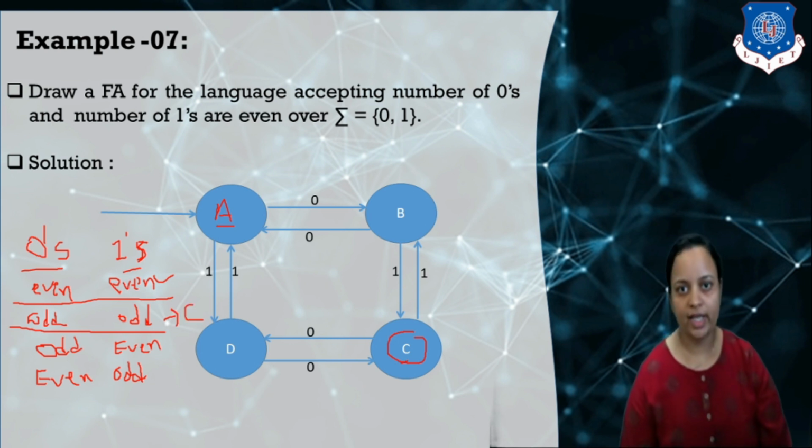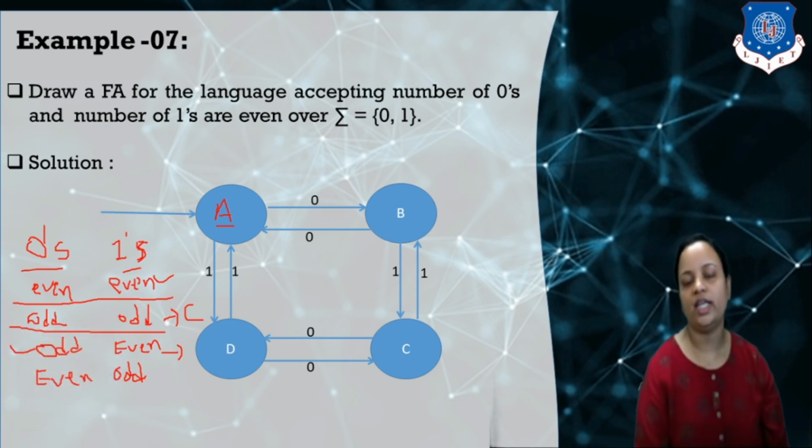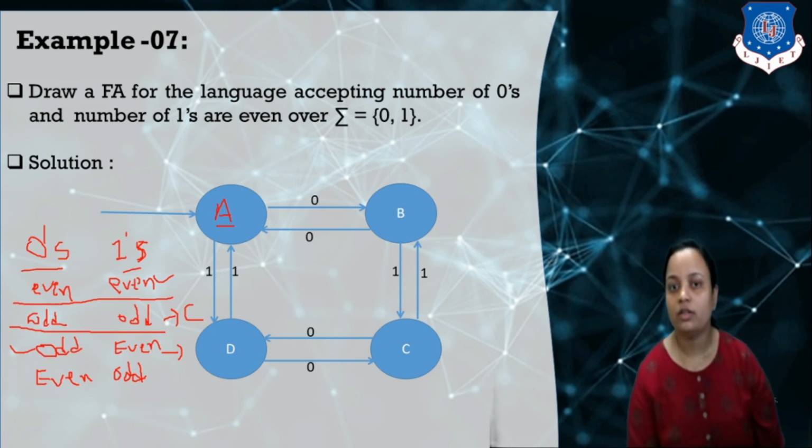In an exam, suppose they ask for an odd number of zeros and an even number of ones. Which state do we have to make the accepting state? Consider this: odd number of zeros and even number of ones. An even number of ones means the count of ones may be 0. So we can consider a valid string, a single 0.